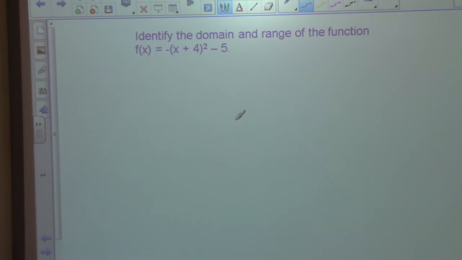Identify the domain and range of the function, gives the function there. What is our domain of this guy here?